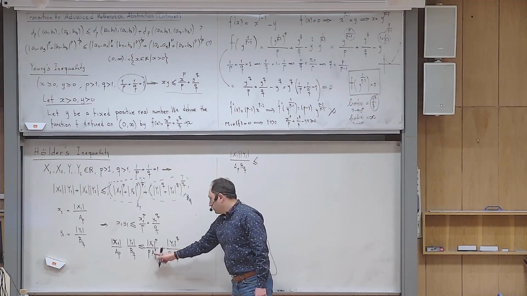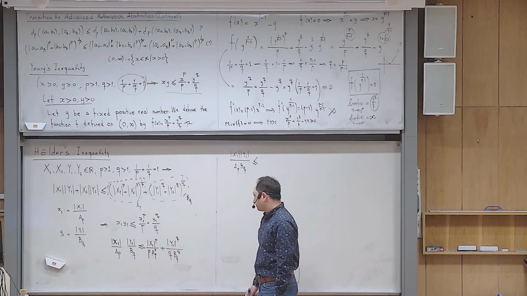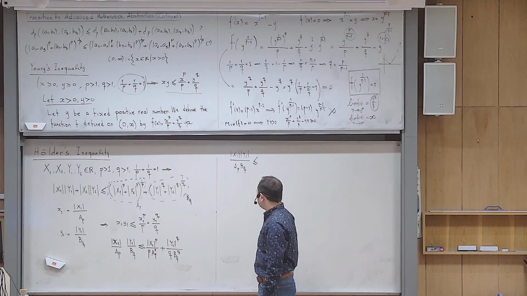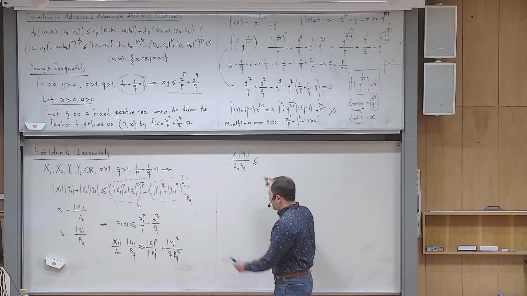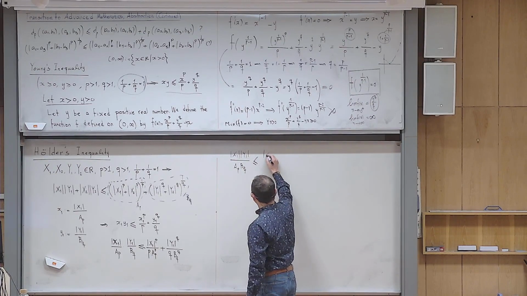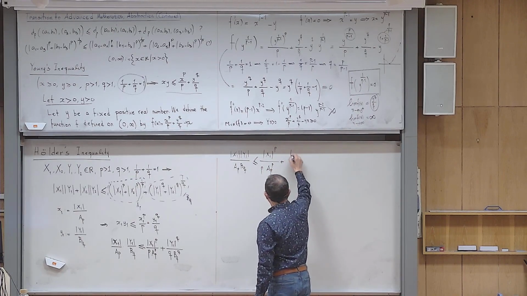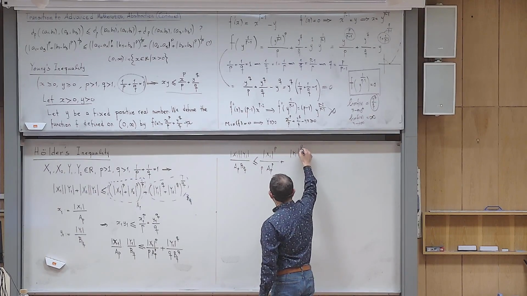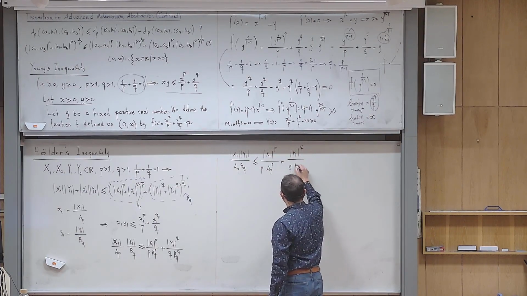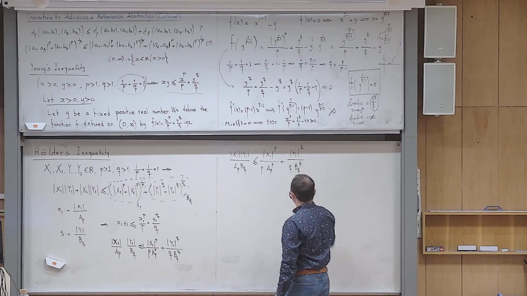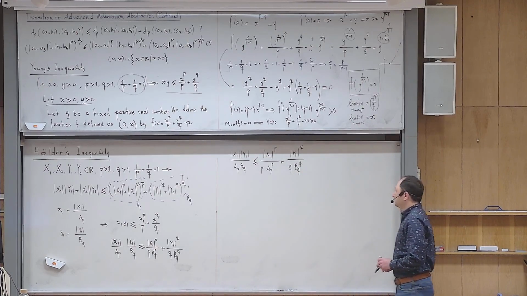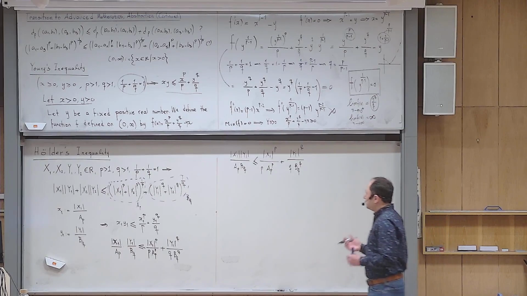Okay, let me just write it like this. So this becomes x1 to power p divided by p a sub p to power p plus y1 to the power of q divided by q b sub q to power q. Okay, so I hope that you agree with me.